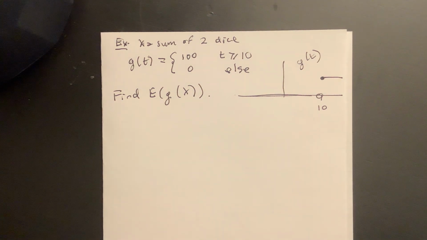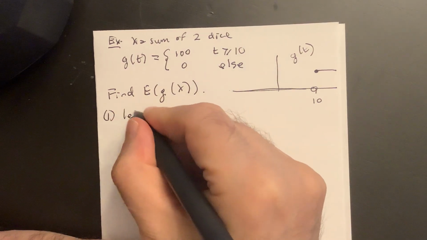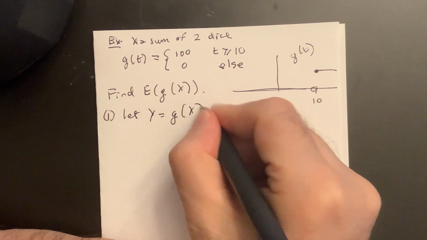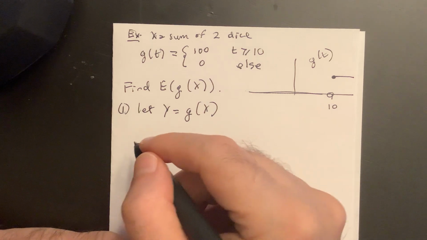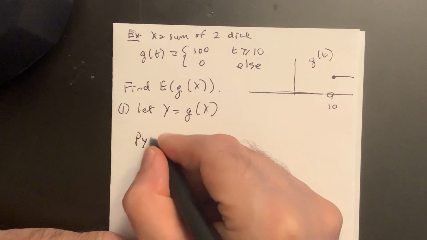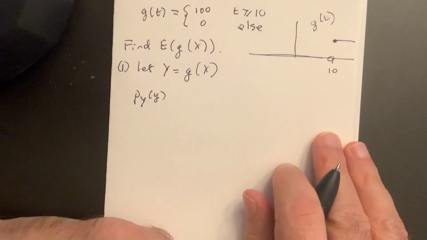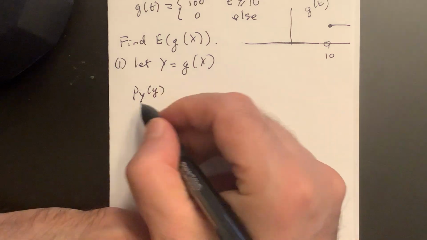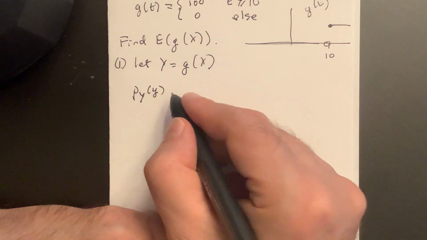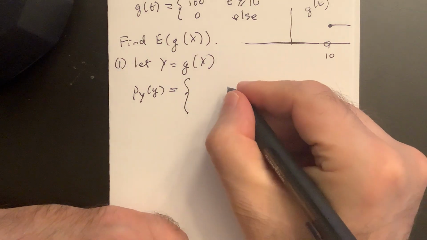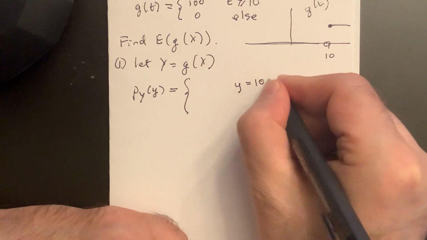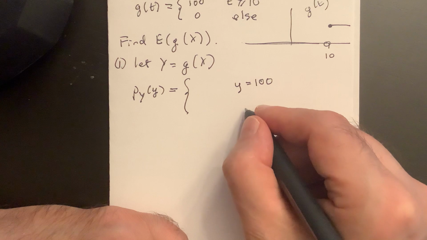One is to actually redefine a new random variable, g of X. So method one, let Y equal g of X. Then the PMF of Y, which usually will have a subscript if you start to get more than one random variable, could have also been written p of g of X. So Y is either equal to 100 or 0.